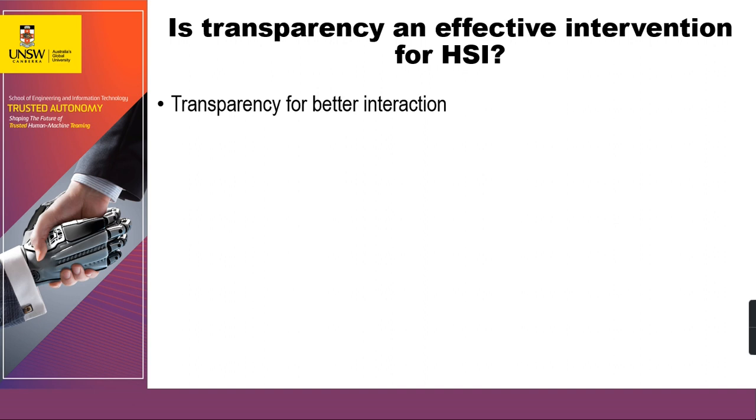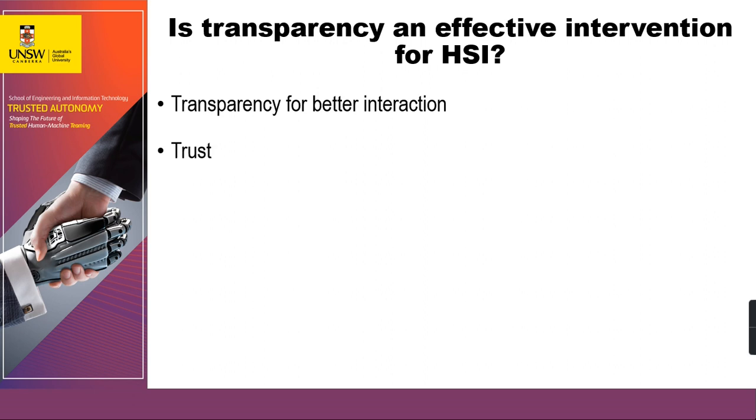This is because by offering a human a way to understand more about the internal working of the machine and its behavior and when its reliability might drop, the human becomes better at interacting with that machine.